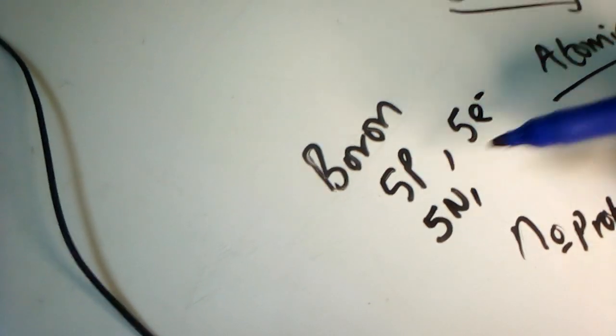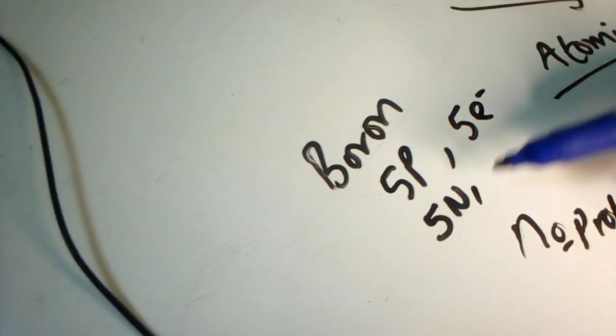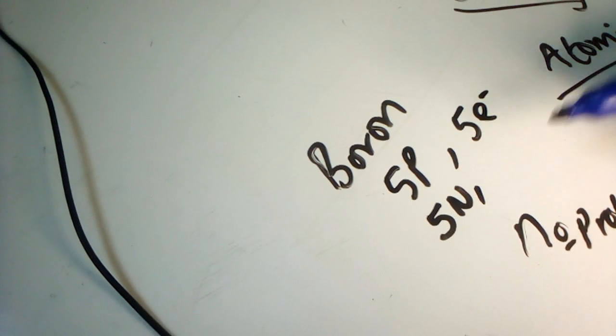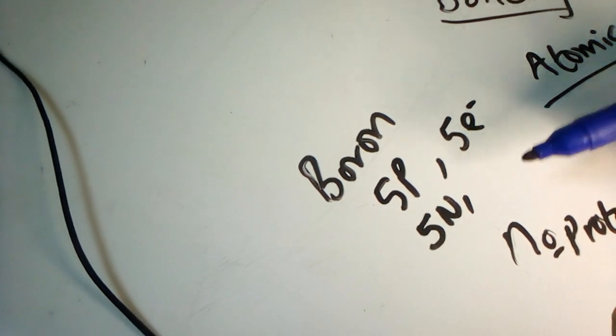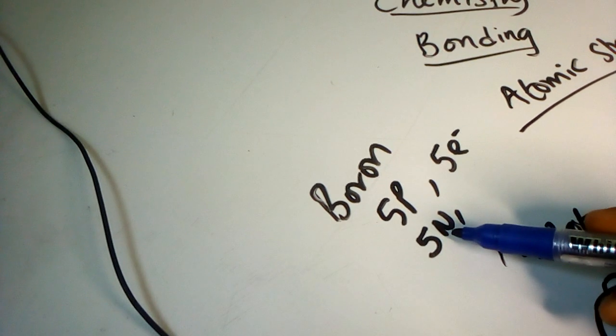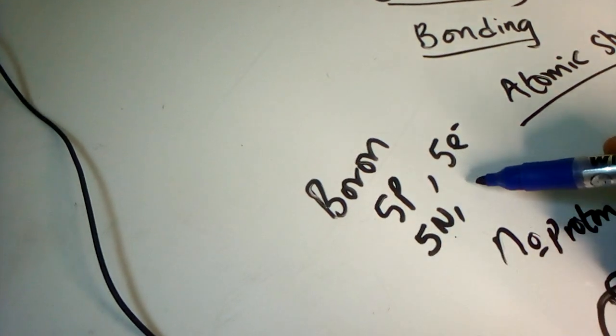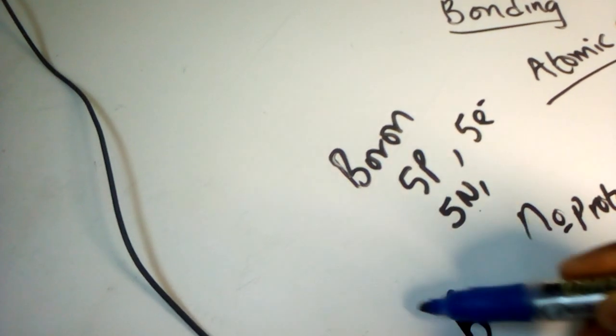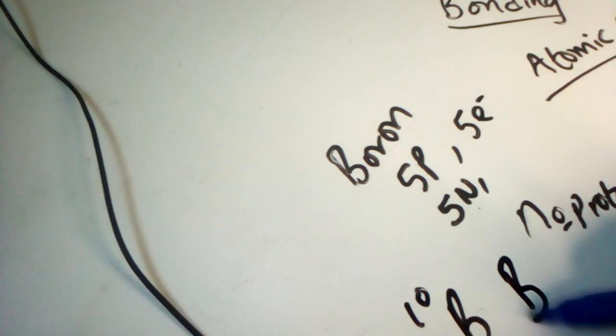So we can have boron atom with number of neutron 5, and we can have boron atom with number of neutron 6 or 4. Okay, those that exist is the number of neutron to be 5 or to be 4. So which means we'll be having boron 10 and boron 9.